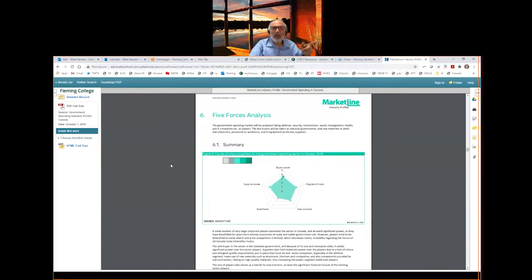Porter model applied here. One of the great gurus of marketing and strategy is called Michael Porter. He has a model called the five forces model, which you're going to learn about this semester and future semesters. Here they're applying Porter's model to that industry to see how attractive this industry is, what is the structure of the industry, and so on.